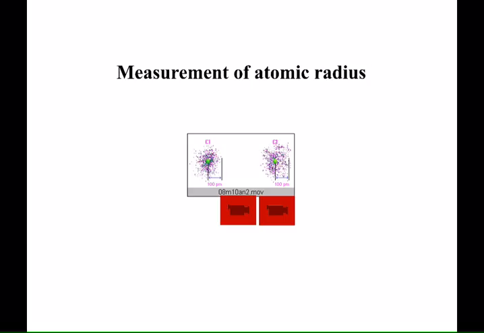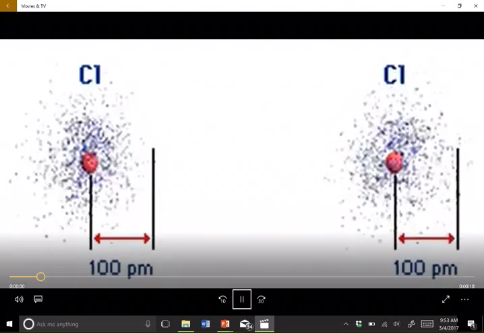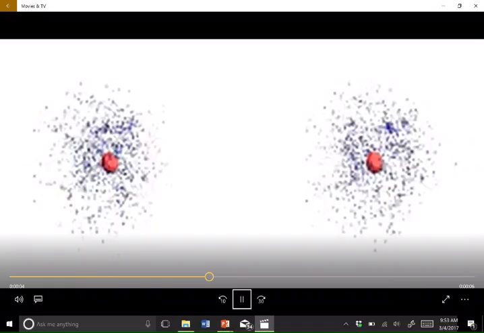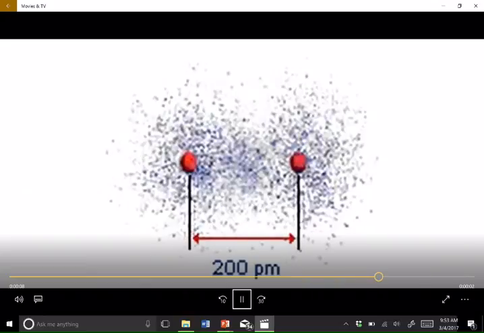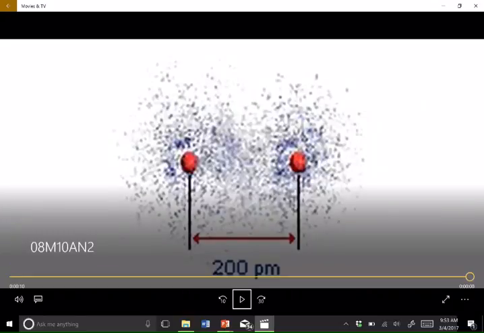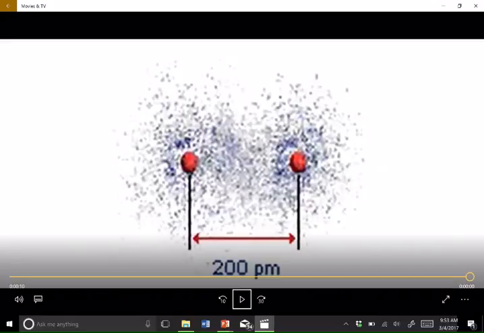I have a little video here. Let's see if it plays. The radius of a single chlorine atom is defined as 100 picometers, which is half the distance between the centers of the atoms in a Cl2 molecule. Remember, chlorine is a diatomic element. Cl2 is the formula for molecular chlorine.